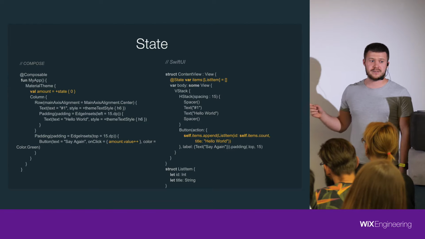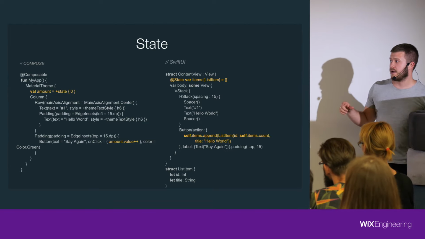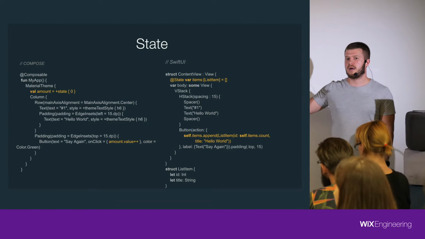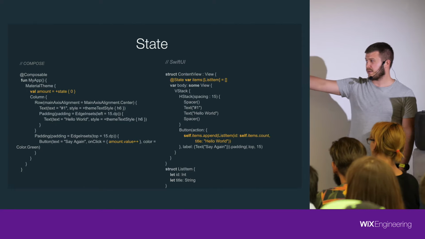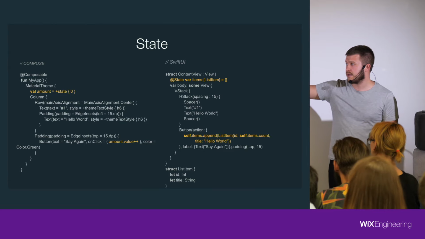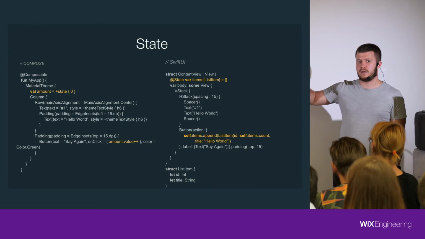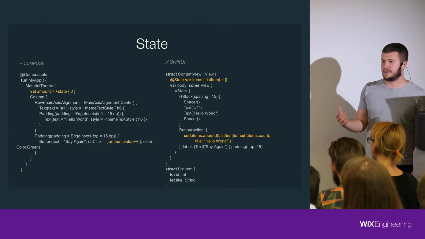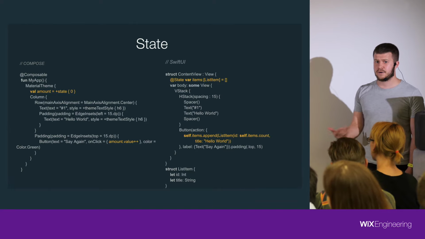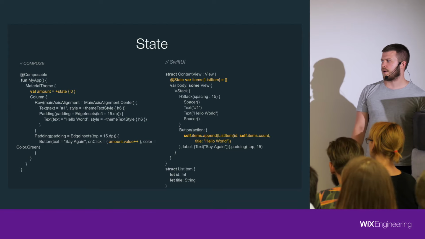If you're talking about state in Compose, it's very similar to how in React we just call a function state, and we pass a default value, and it returns effect. So it's very similar to React.